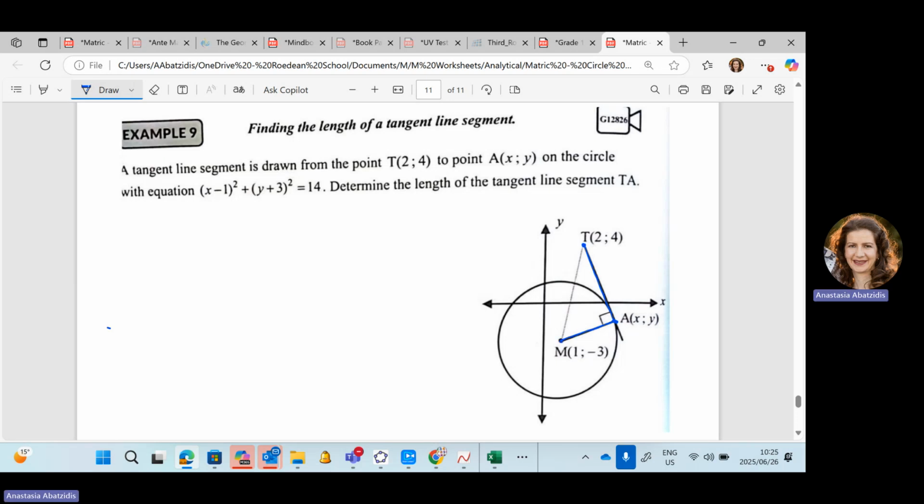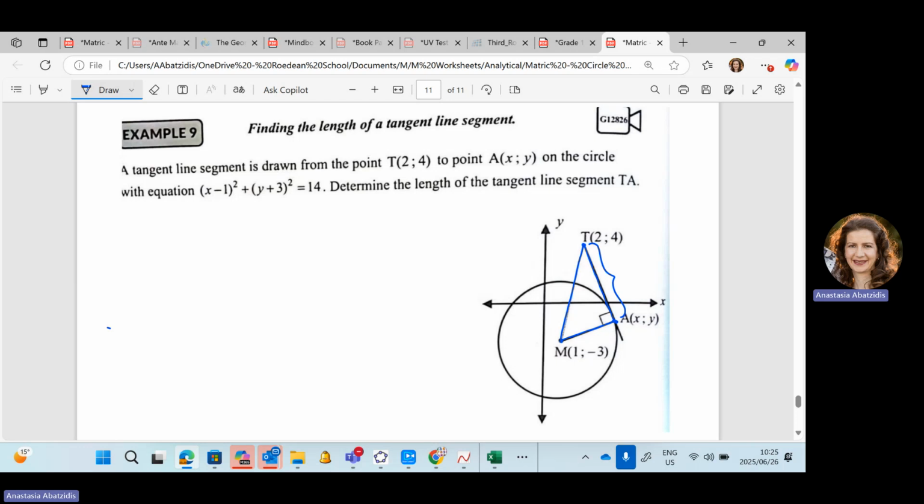If I join them up, I get a right angle triangle. You're not asked to solve for A, you are asked to solve for the length of this line.